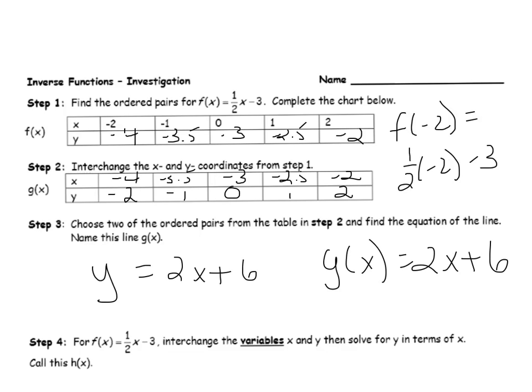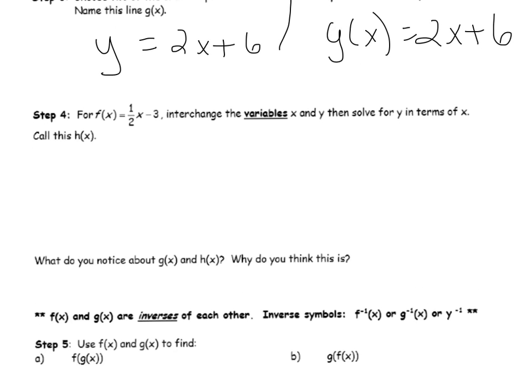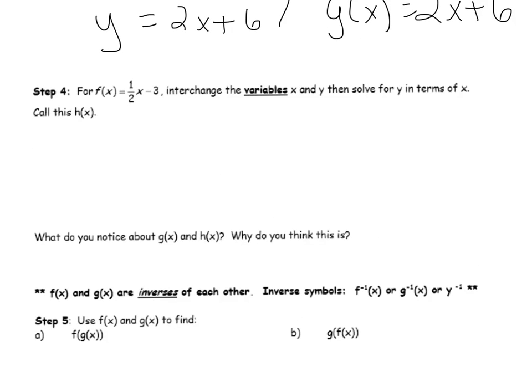Okay, then in step 4, we want to do what you just did in step 2 and 3, but we want to do it for everything, not just these particular x's and y's, but for all x's and y's. So to do that, I'm going to scoot this down and interchange the variables, which means I'm going to interchange all of the x's and y's.